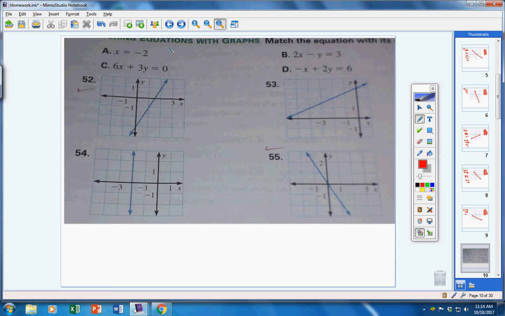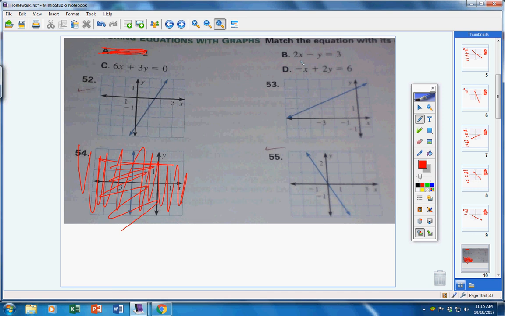Okay, last 4 problems. They ask you to match the equation with the graph. Now, we've not really looked at equations that have one variable, so let's cross that off, and let's cross this off, because that's the graph that goes with it, okay? So, now here we go.